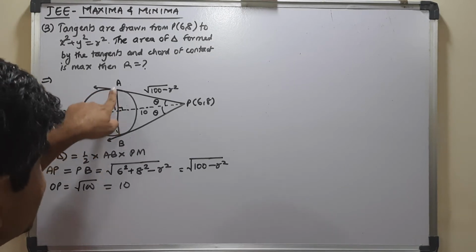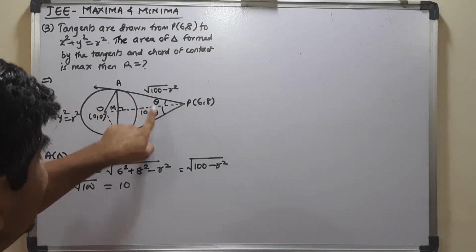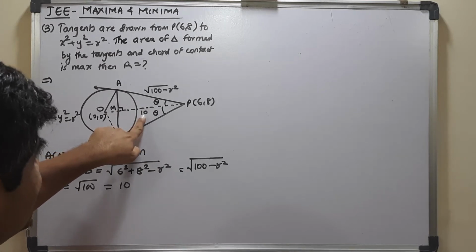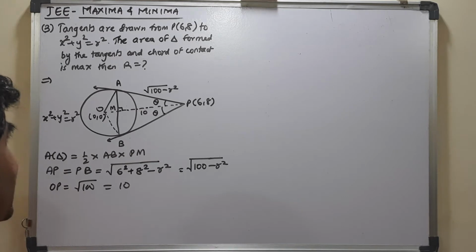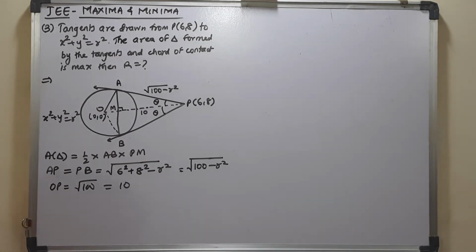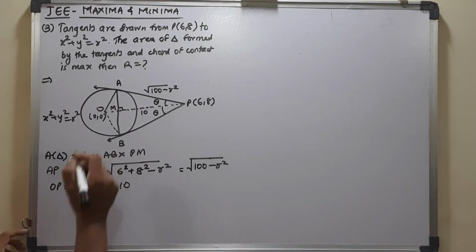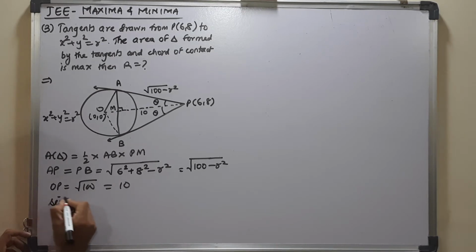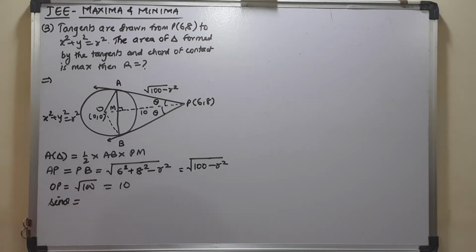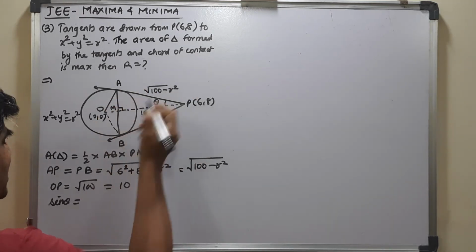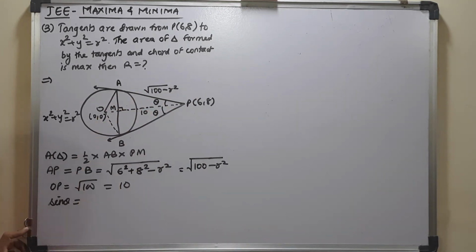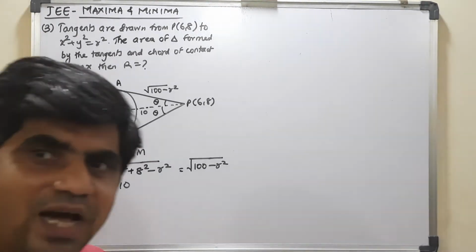I can get AM now. AM is the side opposite to theta, right? And I have been given the adjacent side also, and the hypotenuse also. So I can get sine theta and cos theta both. Sine theta is opposite to hypotenuse, this is your hypotenuse and this is your opposite, which is nothing but the radius, that is OA, or simply r.